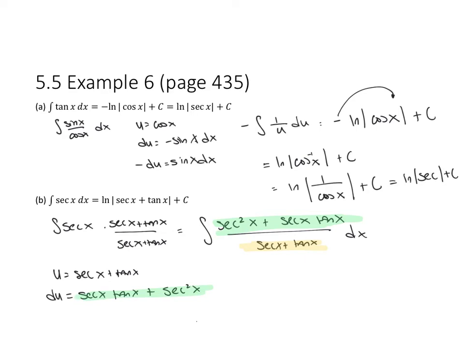I forgot dx. So now I can rewrite this as the integral of 1 over u du. And now this is pretty familiar, that this is just the natural log for the antiderivative of 1 over u. So the natural log of u plus c, and then we'll plug in what u is. That's secant x plus tan x plus c.